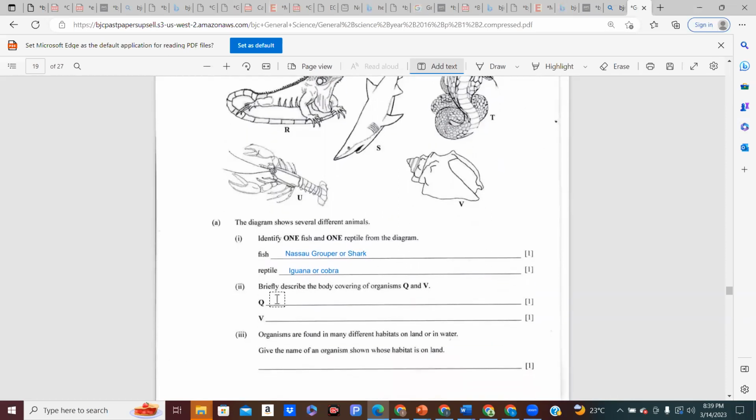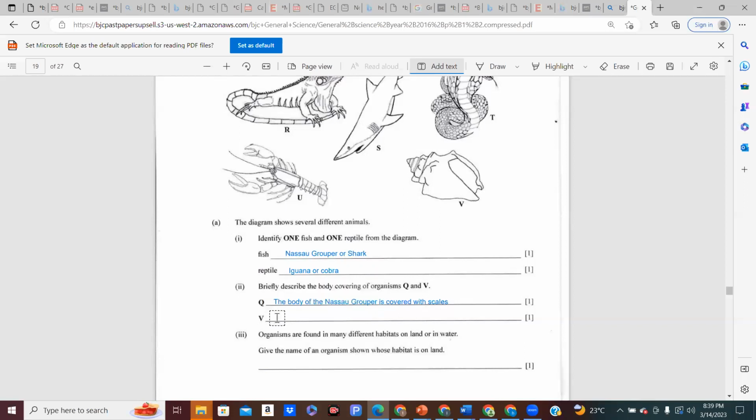So let's describe the body covering of the Nassau grouper. We'd say the body of the Nassau grouper is covered with scales. Again, write this down for me, please, then take a picture of your work and send it to me via WhatsApp.